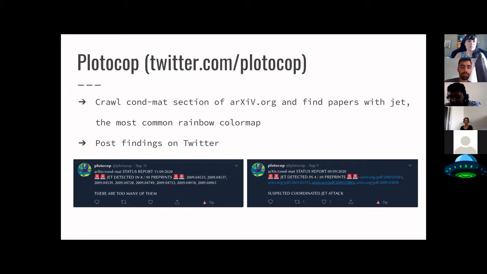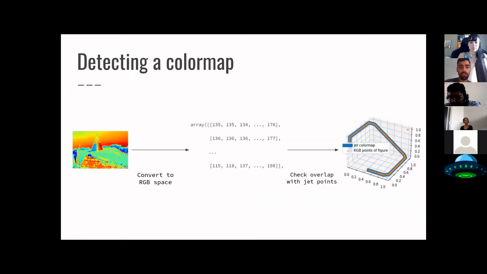And just to give you a little bit more insight into how it works under the hood, basically what the bot does is every day it downloads all of the new papers on arXiv and extracts all of the images from the PDFs. And essentially in an image, each pixel has 3 values, RGB.